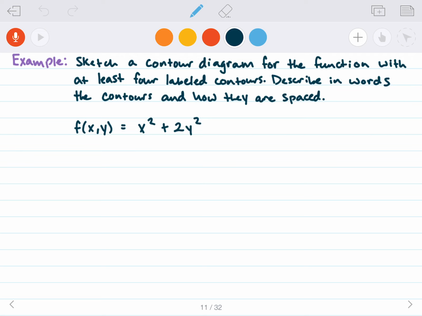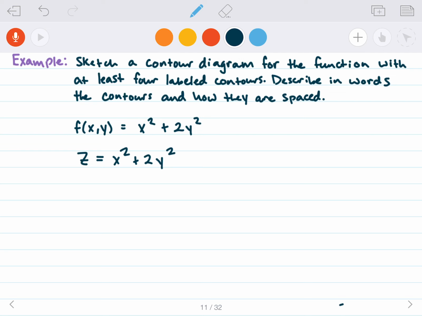Sketch a contour diagram for the function with at least 4 labeled contours. Describe in words the contours and how they're spaced. So we have our function f of xy, that's just Z is x squared plus 2y squared.